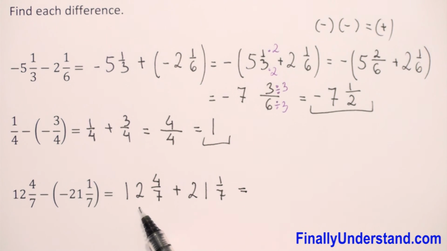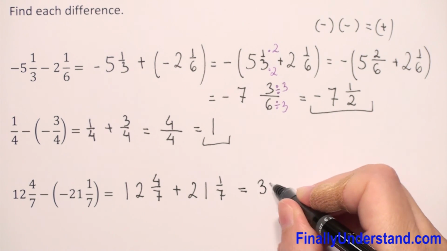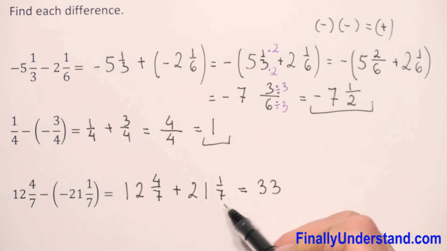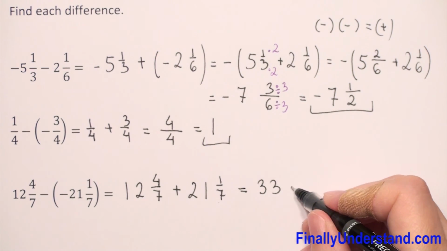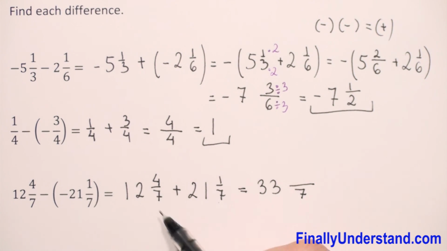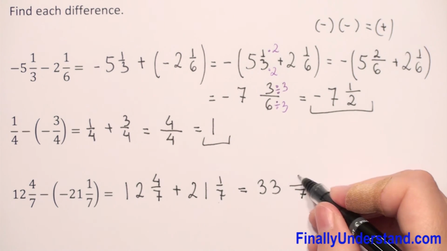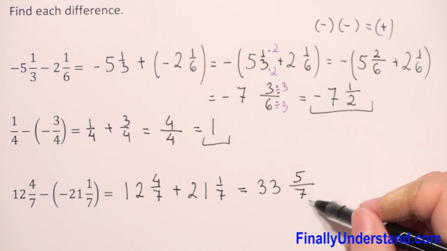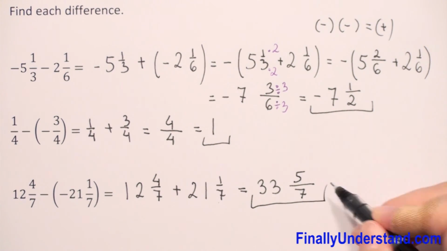We have to add mixed numbers, the same denominator we have. So we first add whole numbers, 12 plus 21, so it will be 33. And now when we add fractions with the same denominator, we copy the denominator and we add numerators. 4 plus 1 is 5. We cannot reduce 5 over 7. So this is my solution.